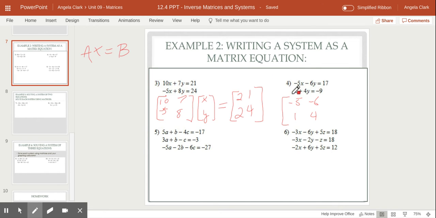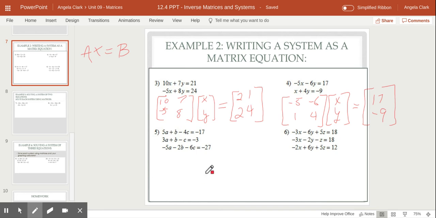This has a coefficient of 1, right? The variable matrix xy, and the constant matrix.